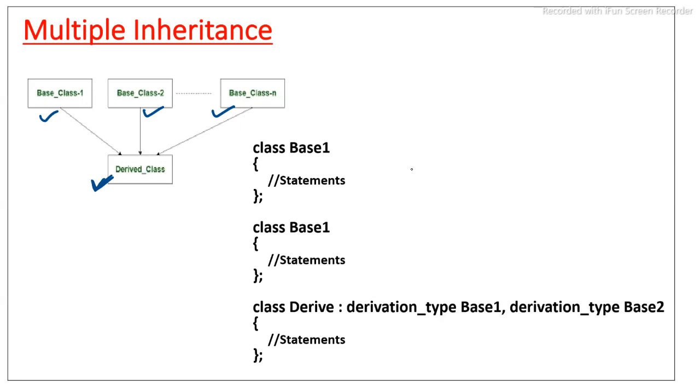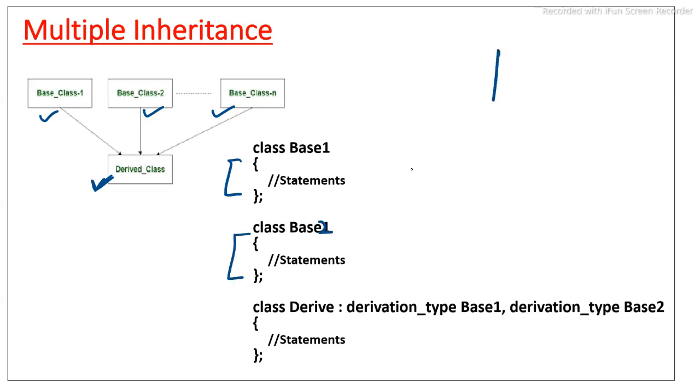And here the syntax for multiple inheritance has been given. For base class 1, this is the definition: class base 1, class base 2, this is the base class 2 definition.